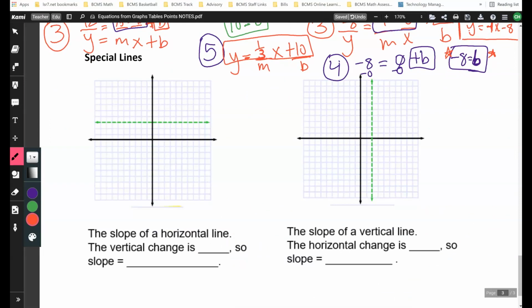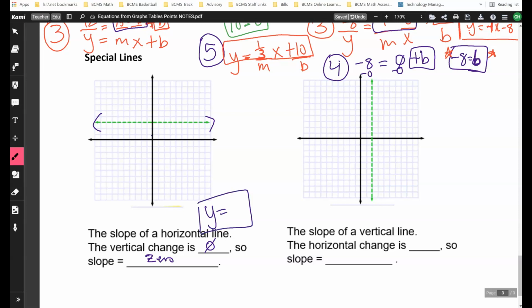All right? One last note, good reminder here. The slope of a horizontal line, excuse me, is going to be 0, okay? 0 is your slope for this. That vertical change is nothing. There's no vertical change happening. We're not going up or down at all. So remember, that's an example of y equals something.